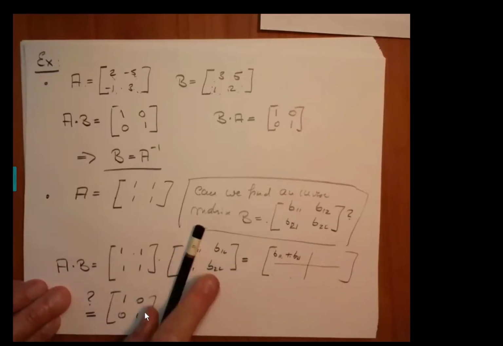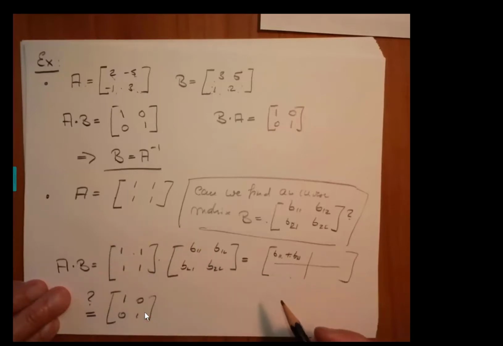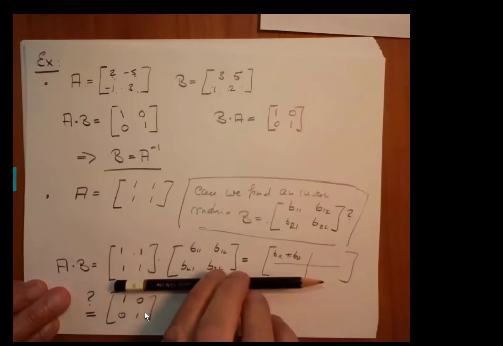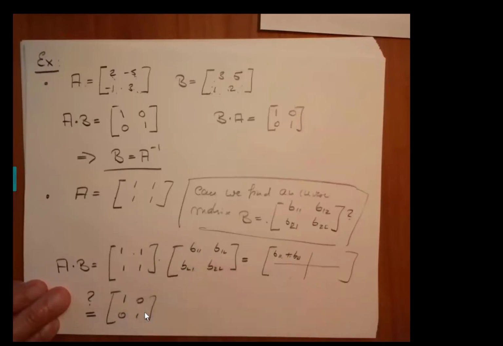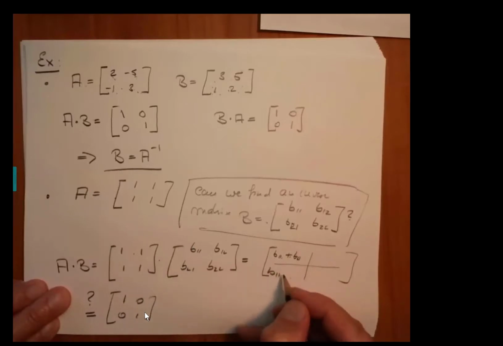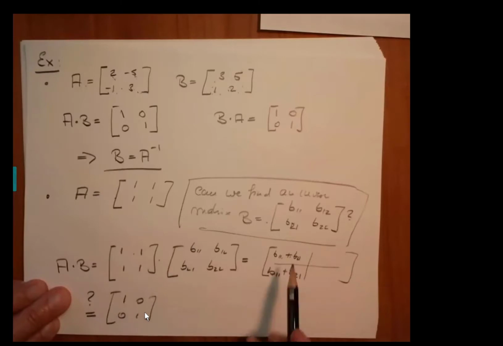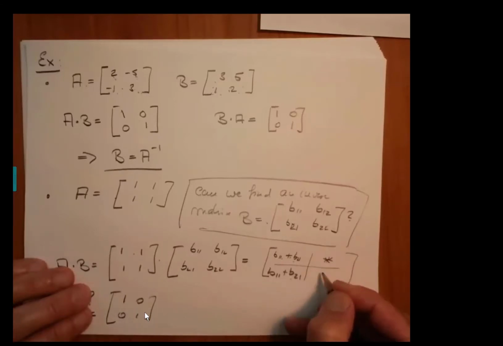First column times second row of A. B11 plus B21. Yes, it's B11 plus B21. So it turns out it's the same thing. And I don't even care what's here.